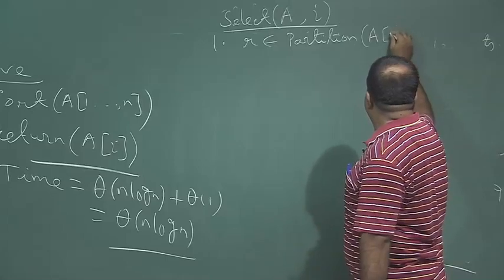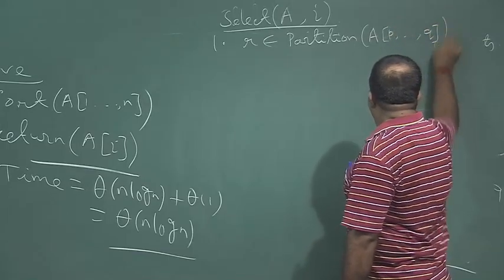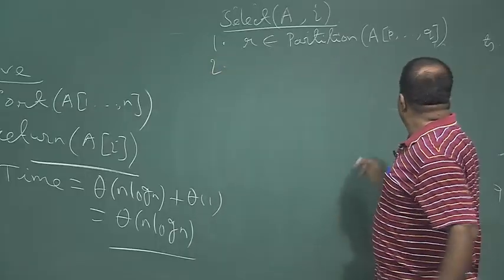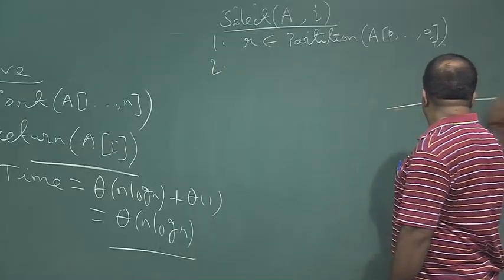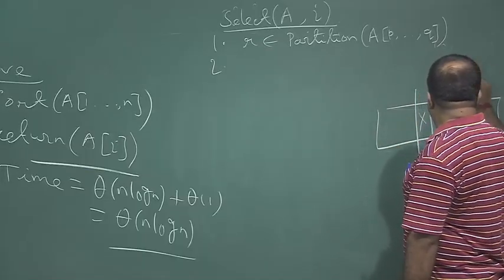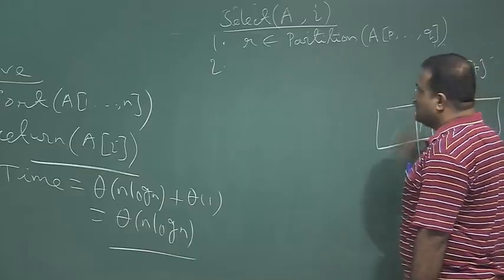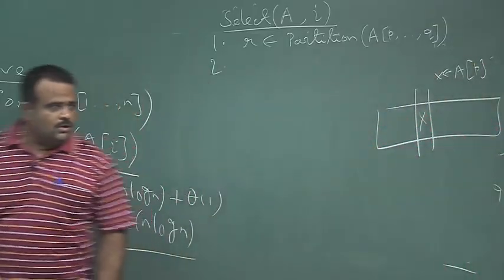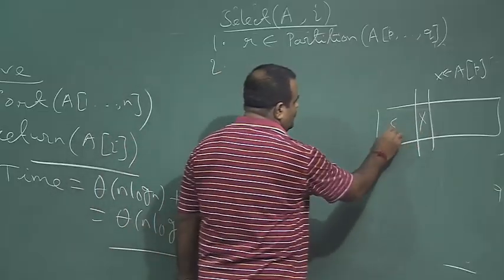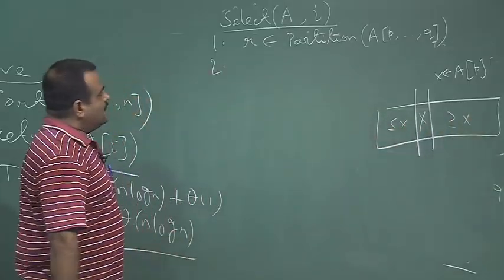Say our array is A[p..q]. It will store the pivot element, which is basically A[p], because in our original partition algorithm we take the pivot element as the first element of the array. Now, it will store this x, and all the elements over here are less than x, and all the elements over here are greater than x.